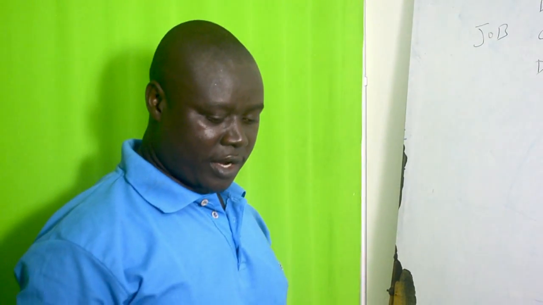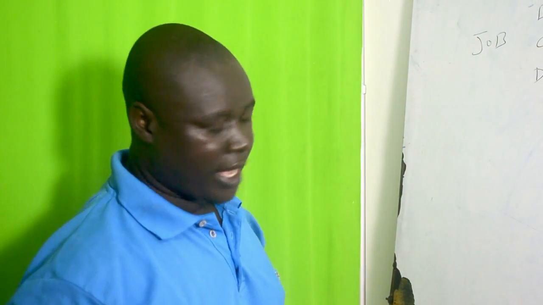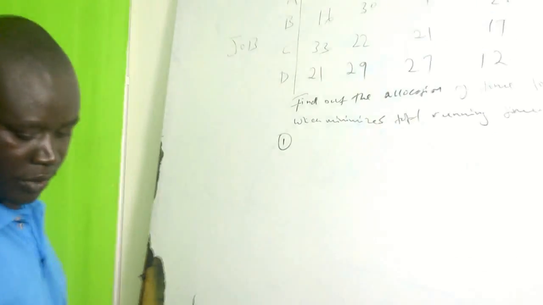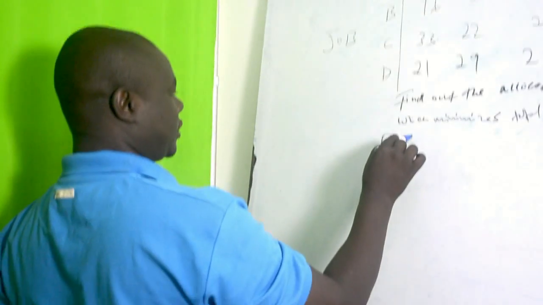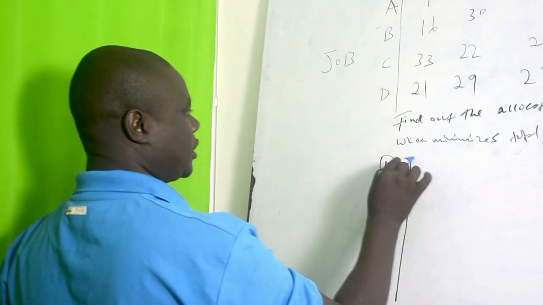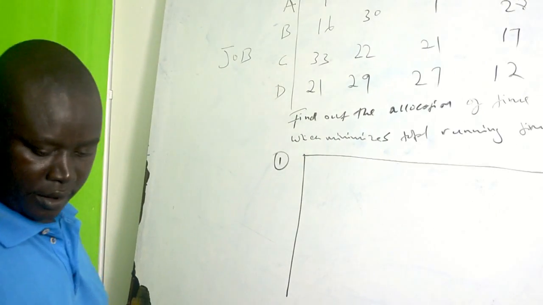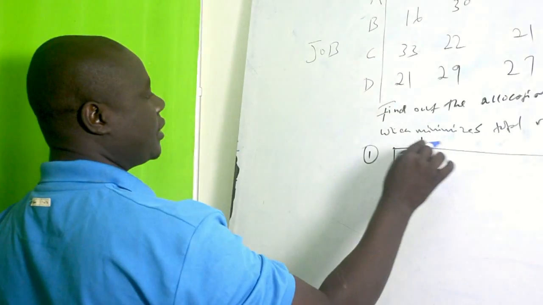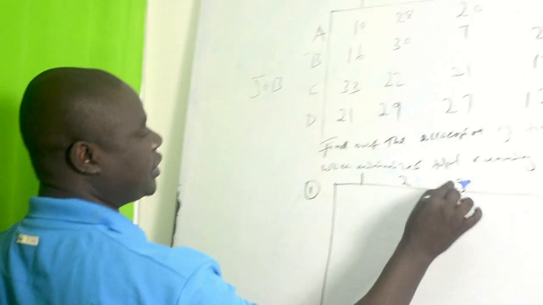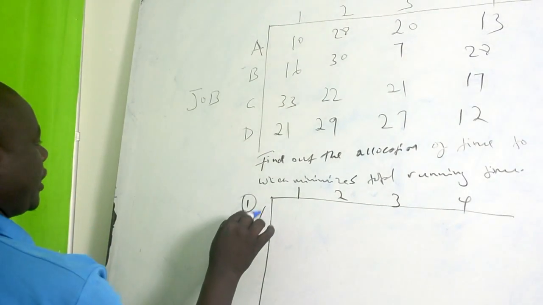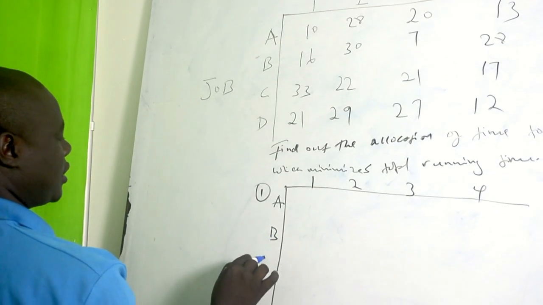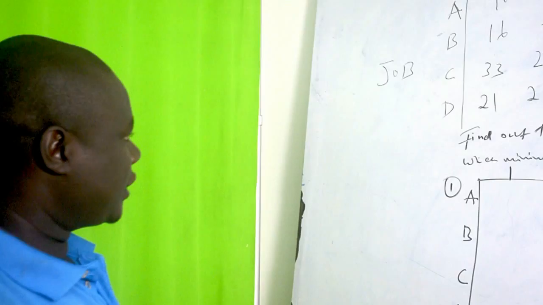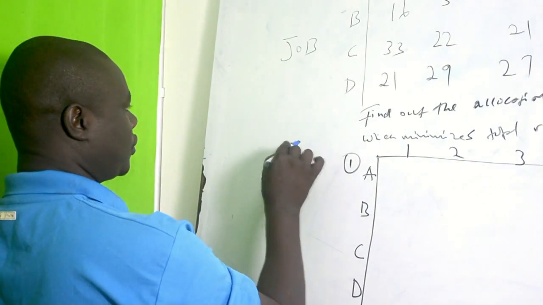Now, we are going to do it in steps. Step number one, we are going to draw this. So we have machine 1, machine 2, machine 3, machine 4, job A, job B, job C, and job D. In step 1, we are going to deal with rows.